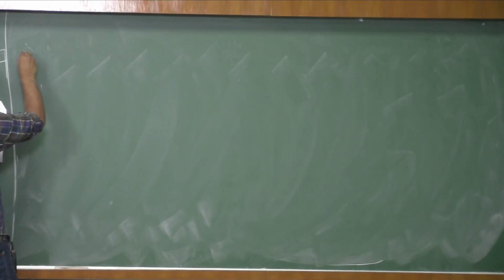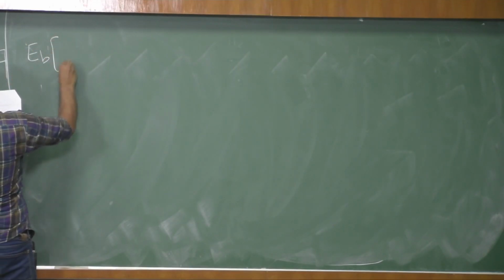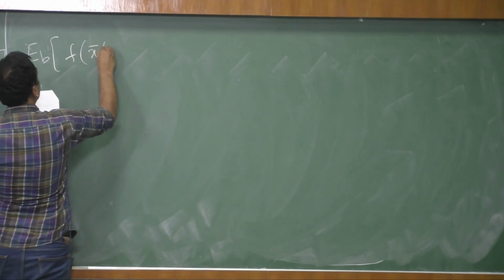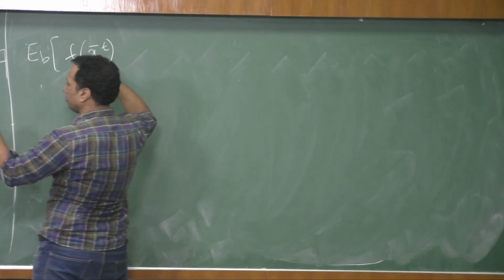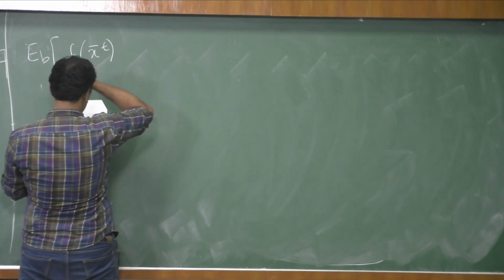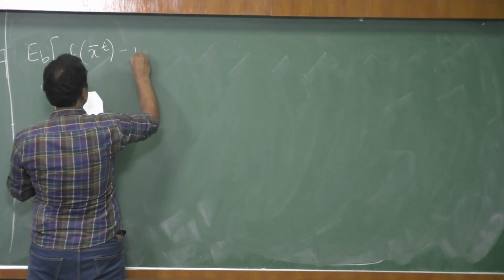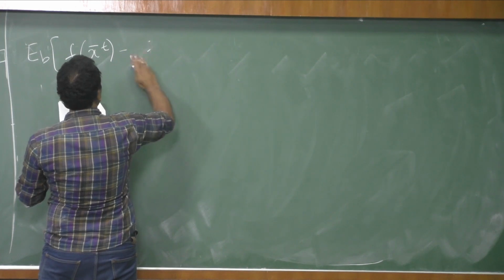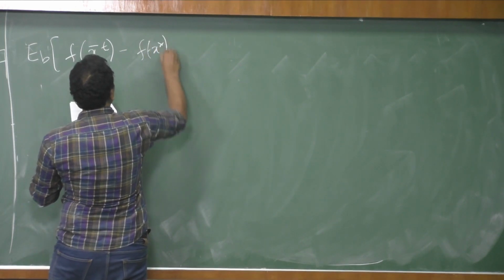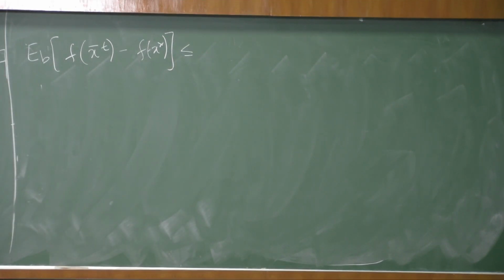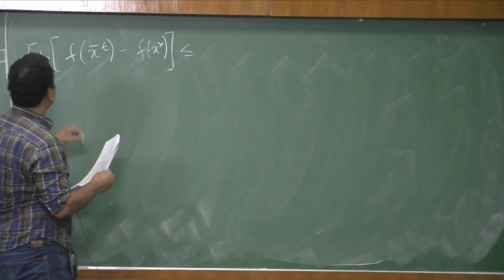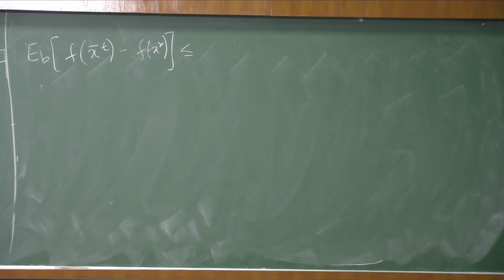So we have E_B [f(x bar_t) minus f(x star)], where x bar_t is the sum of p_tk x_k, and f(x star) is the infimum. This is less than or equal to, f of the average is less than or equal to the average of the f. So that's the Jensen's inequality we have.